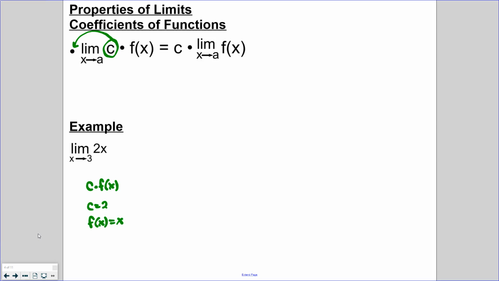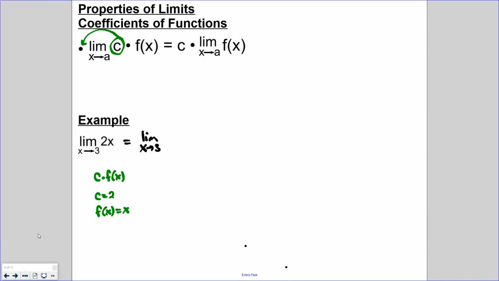I'm not going to have to do this every time I evaluate limits, but just to show the difference between the coefficient and the function, I'm going to rewrite 2x as 2 times x, just to help demonstrate that 2 is the coefficient. And since 2 is the coefficient, that means we can factor it out of the limit.